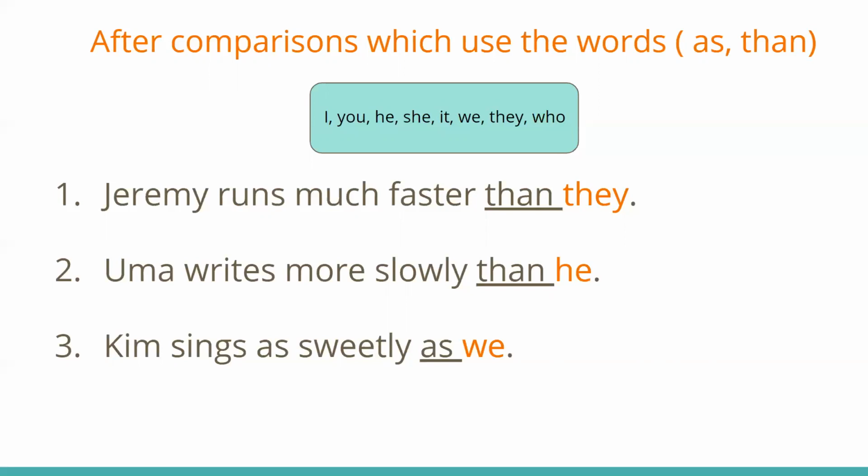So we know that we need a subject pronoun. And the third sentence says, Kim sings as sweetly as we. Checking. Kim sings as sweetly as we sing. So we know that we need a subject pronoun.